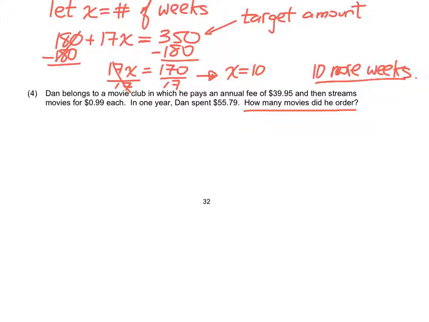All right? So let X equal number of movies. You don't have to have the word let in there. You just say X is the number of movies. Keep it simple. It doesn't matter to me. His flat rate is $39.95.